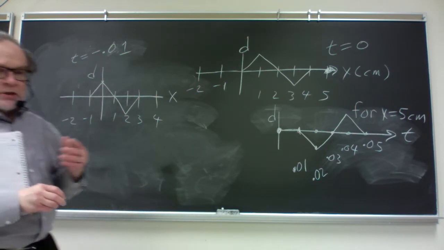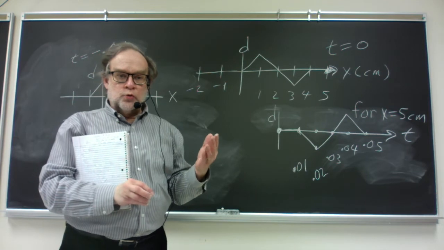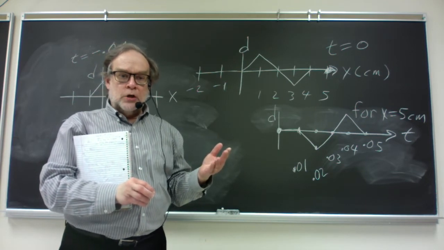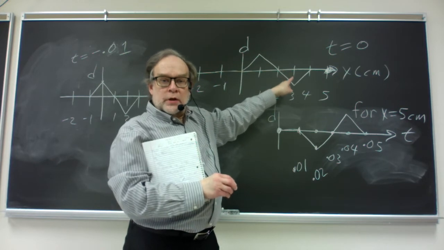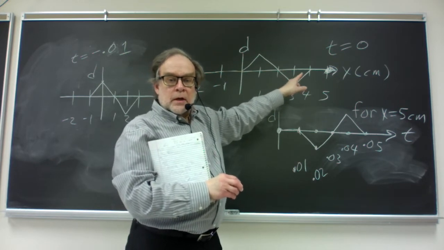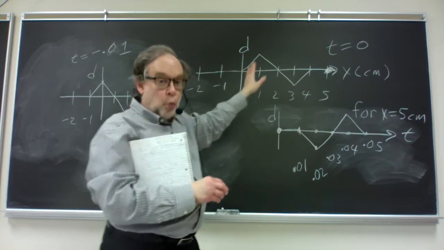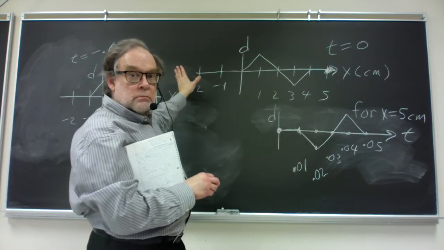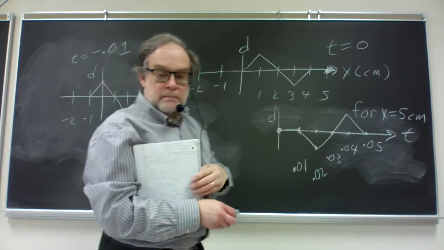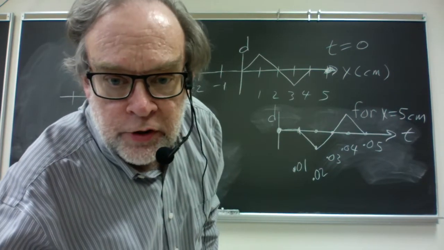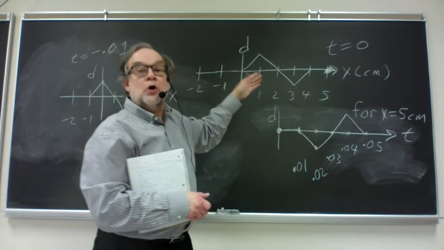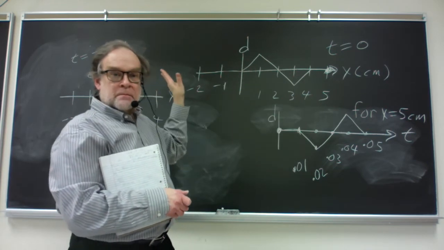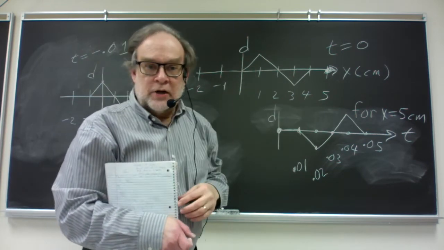That is, since the pulse travels 1 centimeter in 1/100th of a second, then 1/100th of a second earlier than this, every piece of the pulse would be 1 centimeter in the backwards direction. You go 1/100th of a second backwards in time, then you see the pulse 1 centimeter farther in the backwards direction.